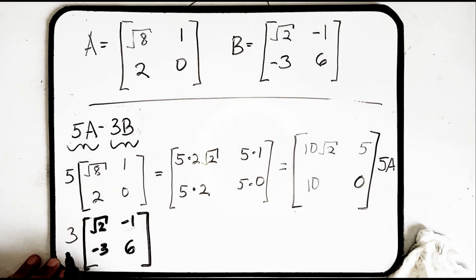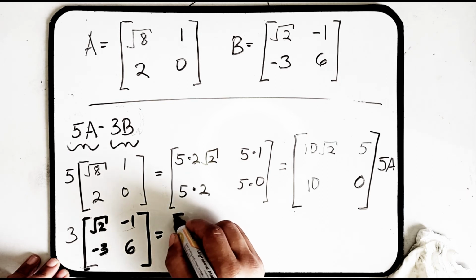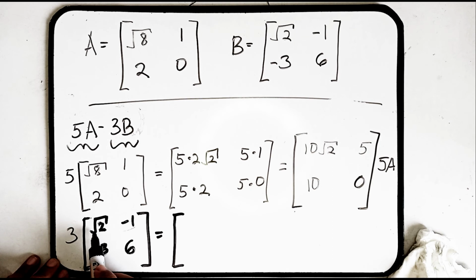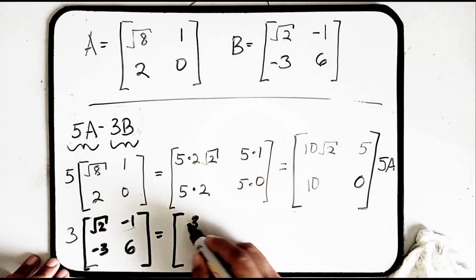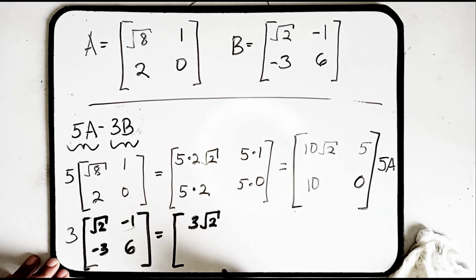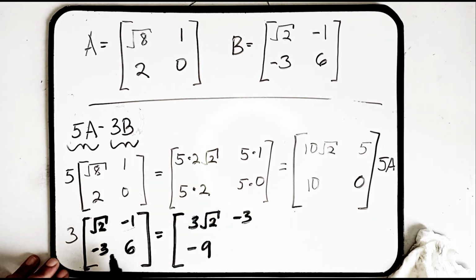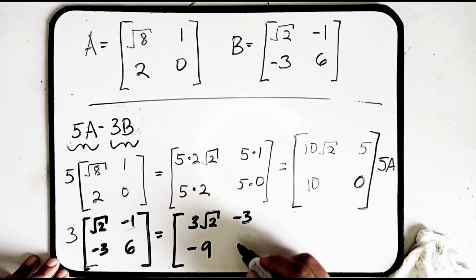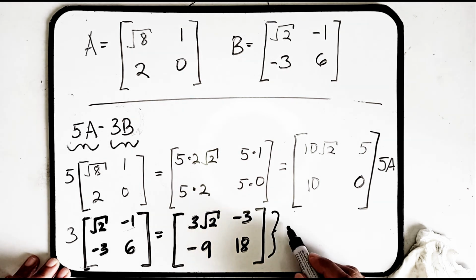So to do this, we have 3 times 1, because we have an invisible 1 here. 3 times 1, that will become 3, and then we'll just copy the radical symbol and the 2 inside of the radical symbol. And then 3 times negative 3, that is negative 9. This is negative 3. 3 times negative 1. And then 3 times 6, that is 18. Okay, there you go. So this is now our 3b.